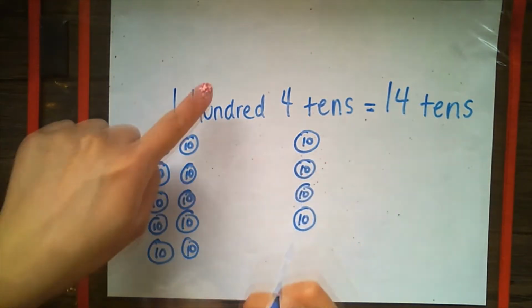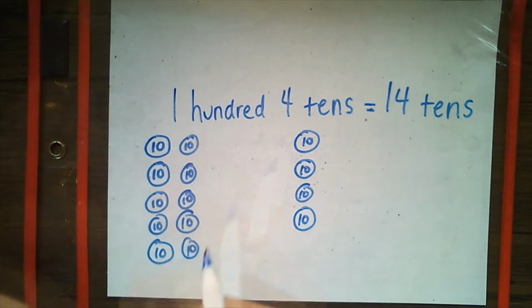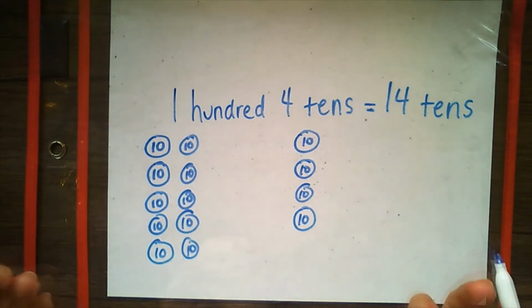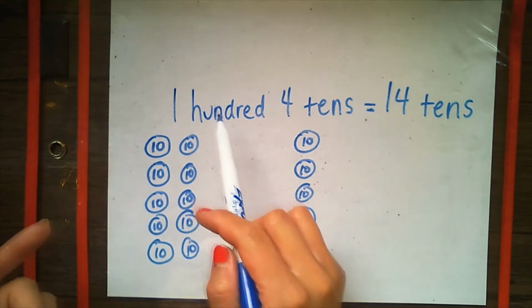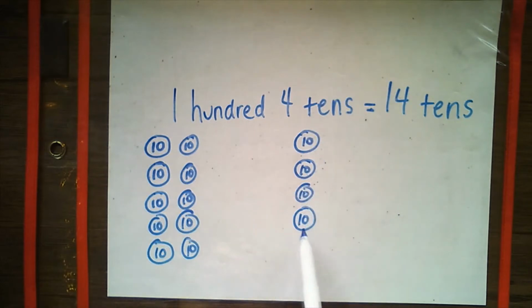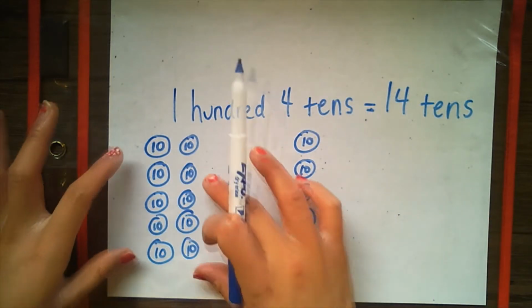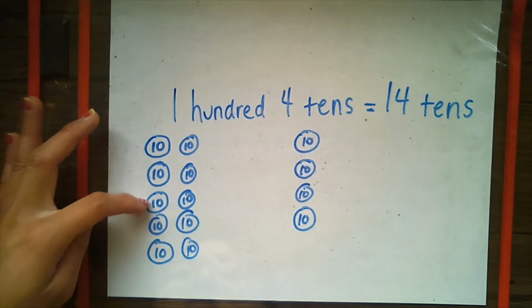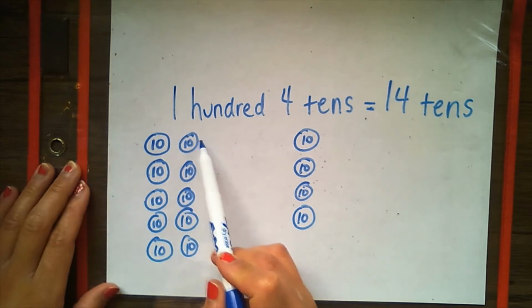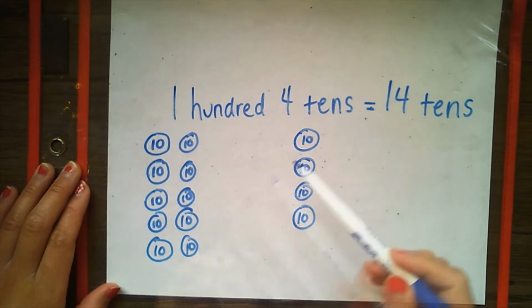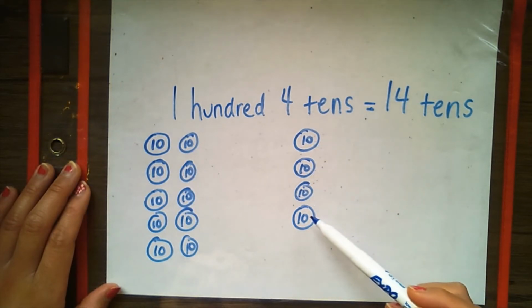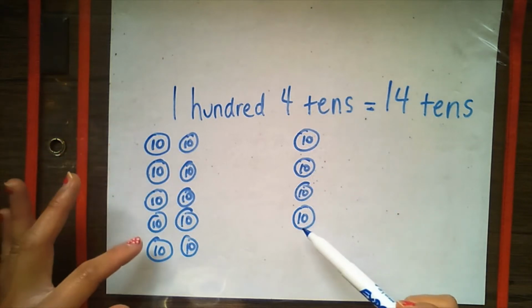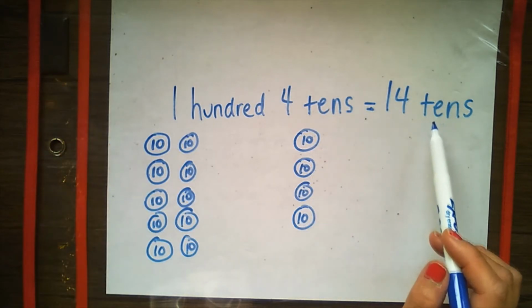Ten tens is the same thing as 100, or they're both valued at 100. We said 1 hundred 4 tens is the same thing as 14 tens, and it is, because we remember that 100 is made up of 10 tens. 1, 2, 3, 4, 5, 6, 7, 8, 9, 10, 11, 12, 13, 14. We have 14 tens, which is true.